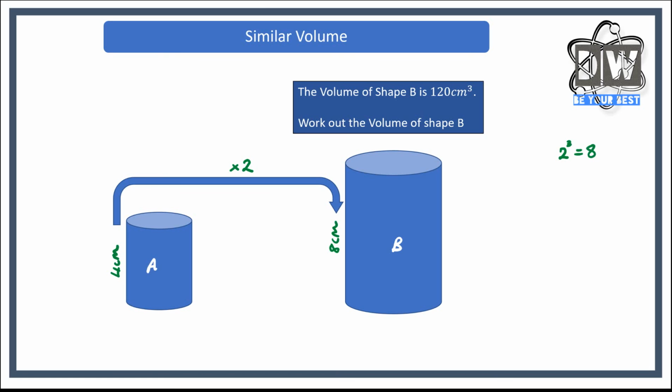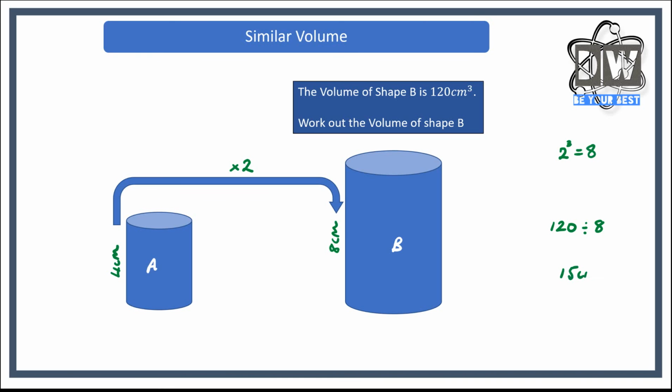This time though, we know our shape A is going to be smaller than shape B. So we're going to take this 120 centimeters cubed, and we're going to divide it by 8. And I'm going to show you why we do this in a second.